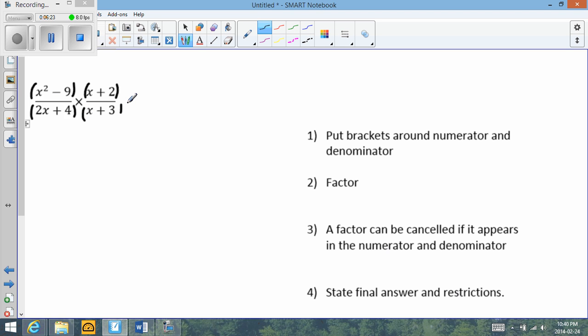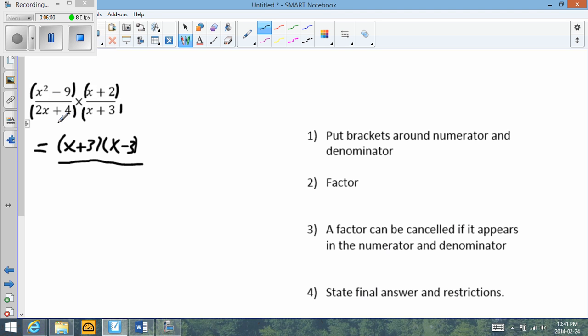One of the first things we can do is factor, because once we factor, we can see if anything cancels out. So x squared minus 9 is a difference of squares: x plus 3 and x minus 3. Okay, look at the denominator, 2x plus 4.